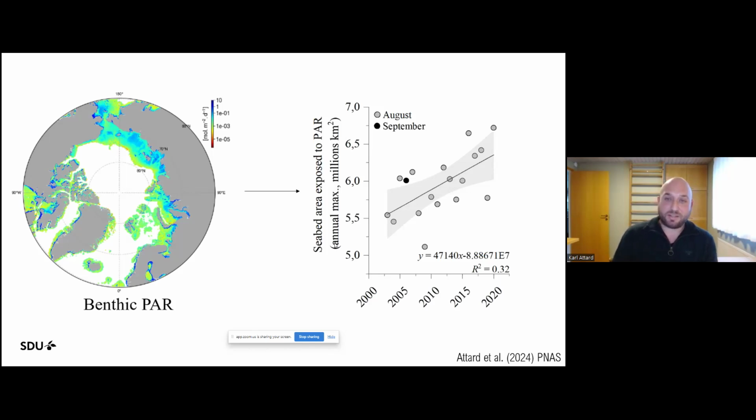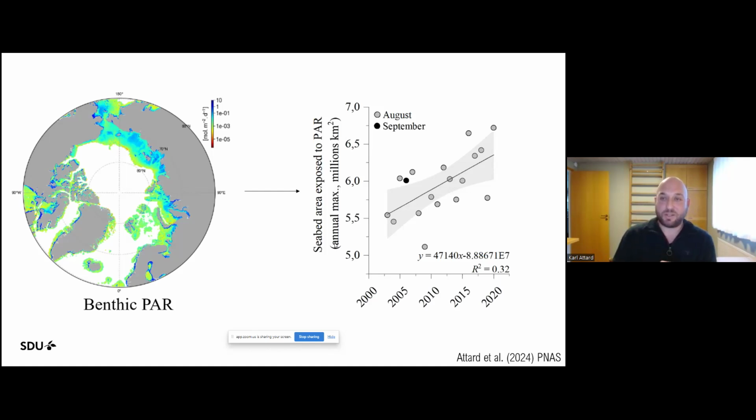And what we did in this analysis is we tried to estimate what's the maximum area of the seafloor in the Arctic that's exposed to PAR. And when we did this, we discovered that the largest area typically occurs in August, and in one case it was in September.